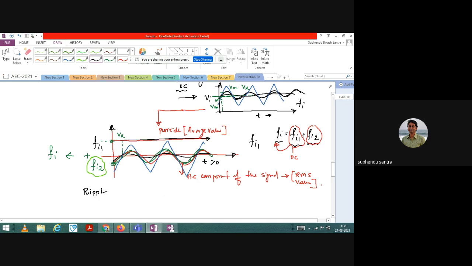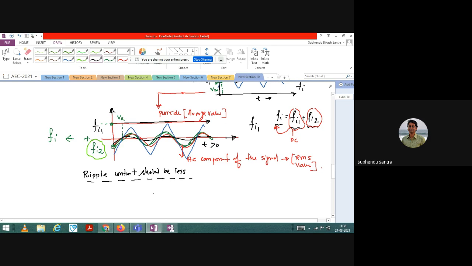Is that clear? Yes, sir. Ripple content should be less, and which is defined by ripple factor. I think you have studied.